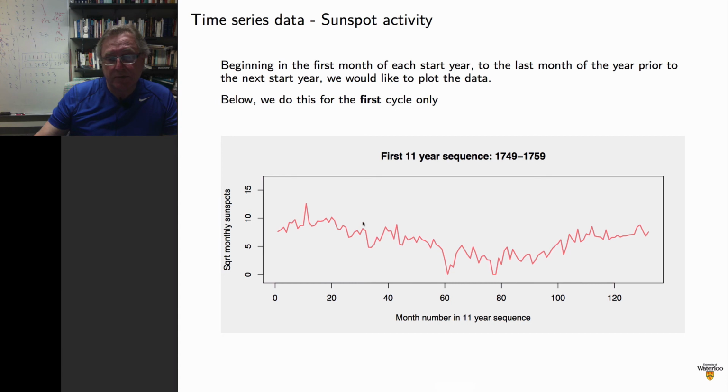So the first sequence, that red one from 1749 to 1759, month numbers from 1 to 132. We see the pattern. This is the kind of V that we had. We see a lot more detail here because we've stretched it out. But that's our V pattern that we saw in the other plot of the whole time series where it colored the cycles.